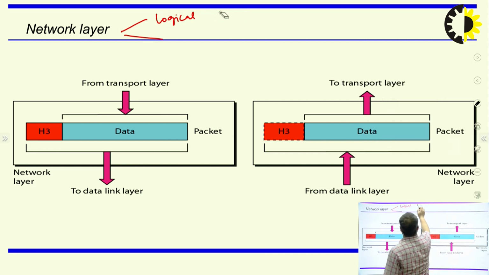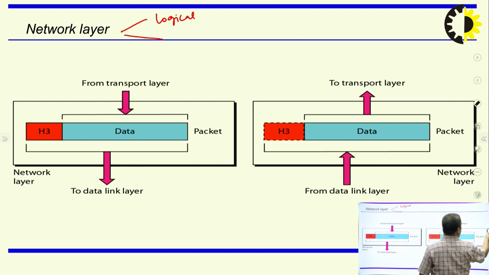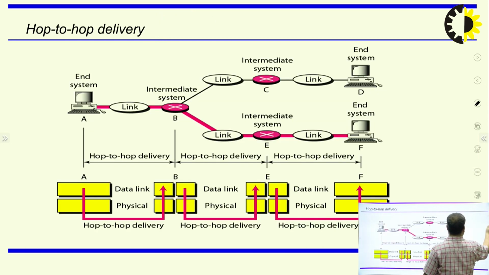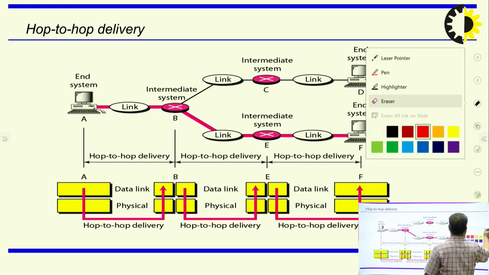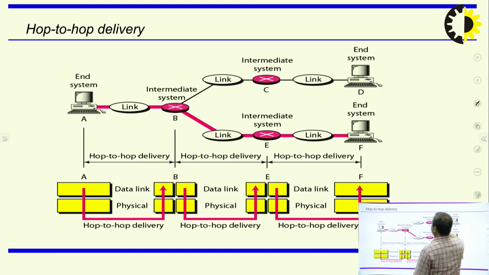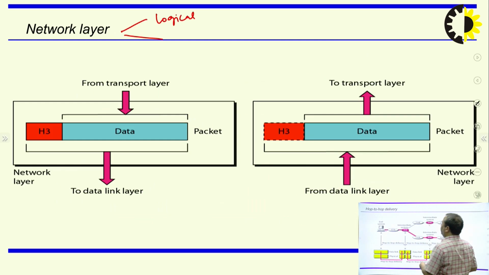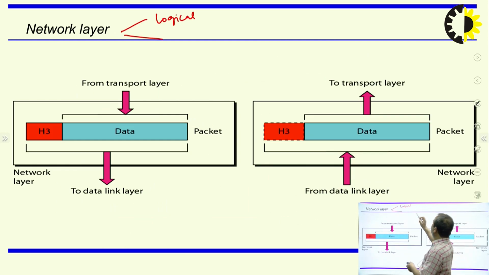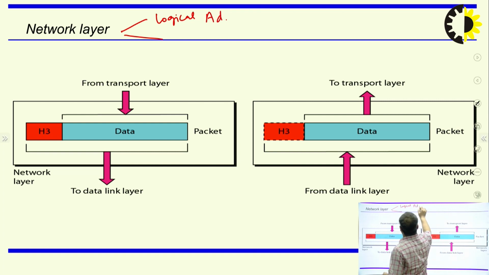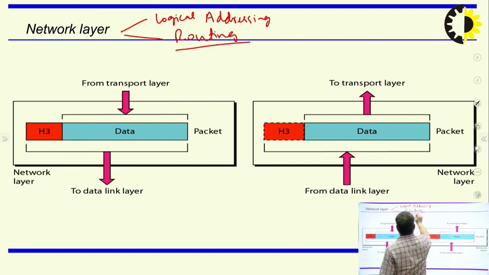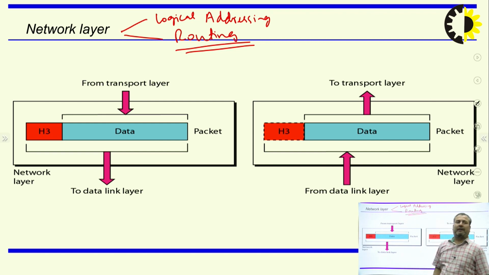The job of the network layer is, one, logical addressing and, second, routing. So this is the mandatory service of the network layer.